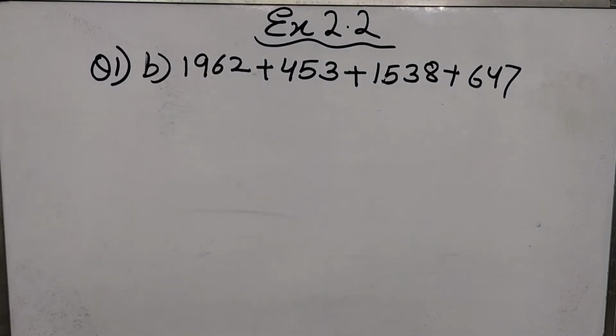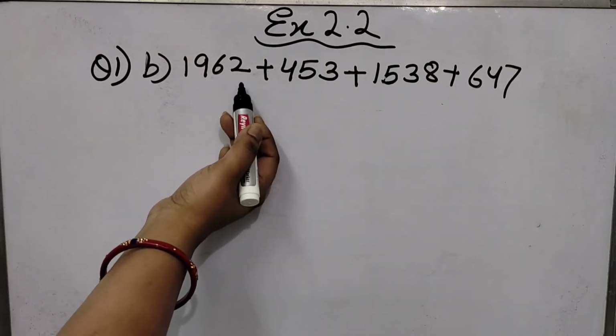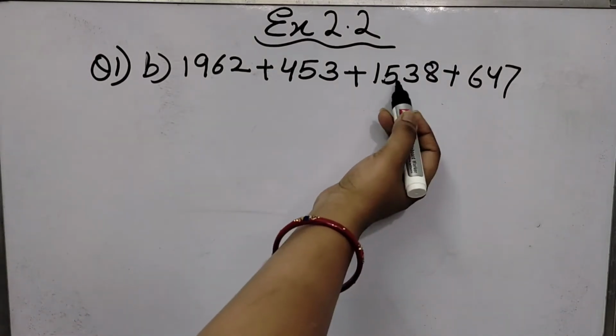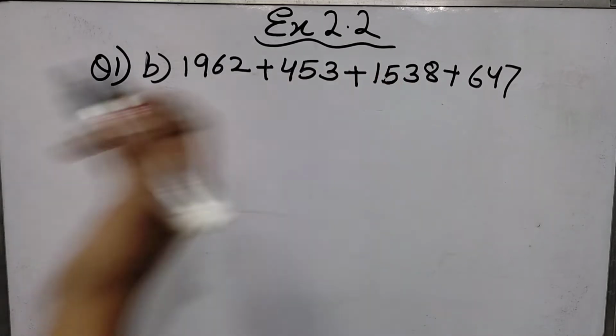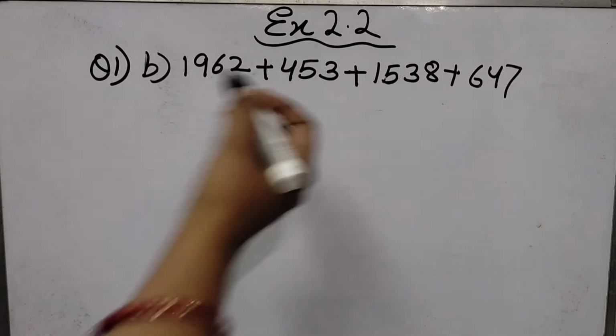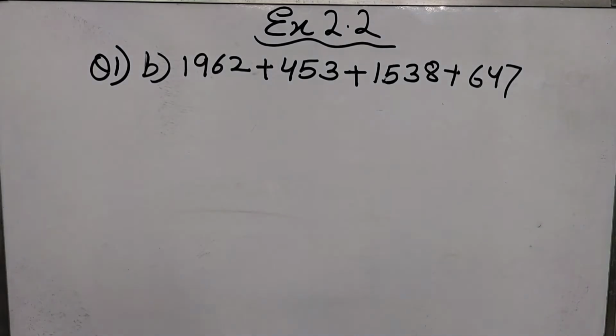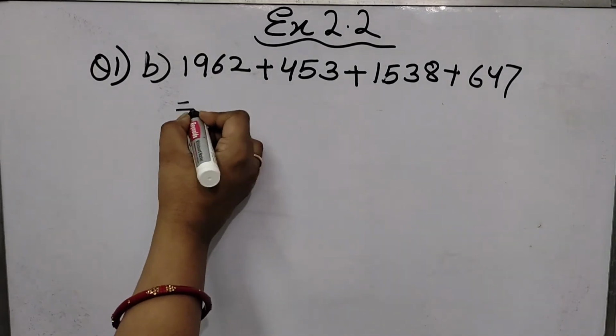Now we can easily see if we add 1962 and 1538, then our answer will be 3500. And if we add 453 and 647, our answer will be 1100.